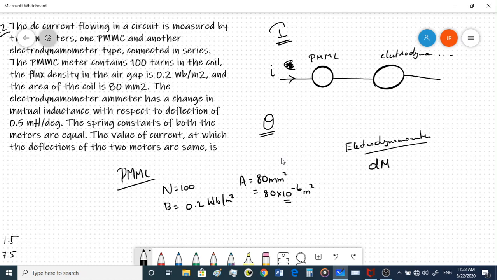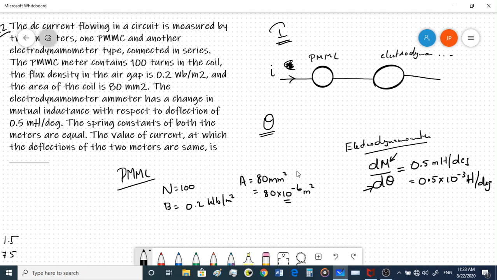That is your dM by d theta. Change in mutual inductance, that is dM, with respect to deflection, that is d theta, is given as 0.5 millihenry per degree, can be written as 0.5 into 10 to the power minus 3 Henry per degree.